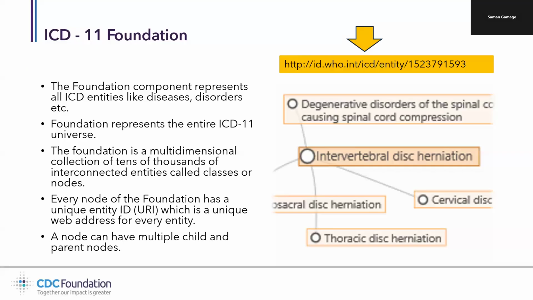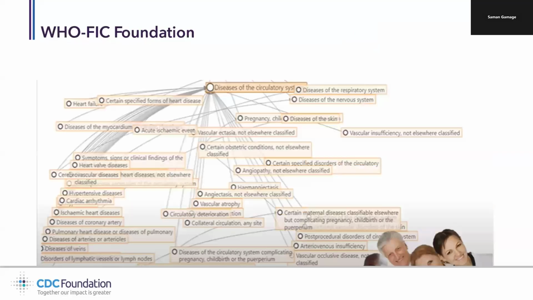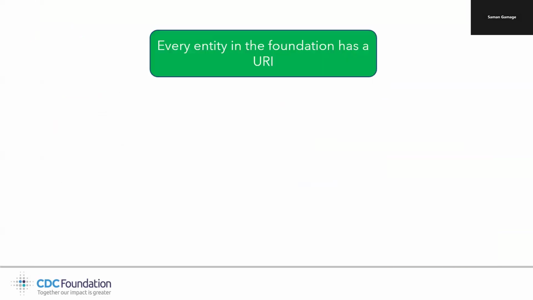A node can have multiple child and parent nodes. So it is something like this, a huge network of categories, entities. And each entity has a URI, unique resource identifier. Therefore, every entity in the foundation has a URI.